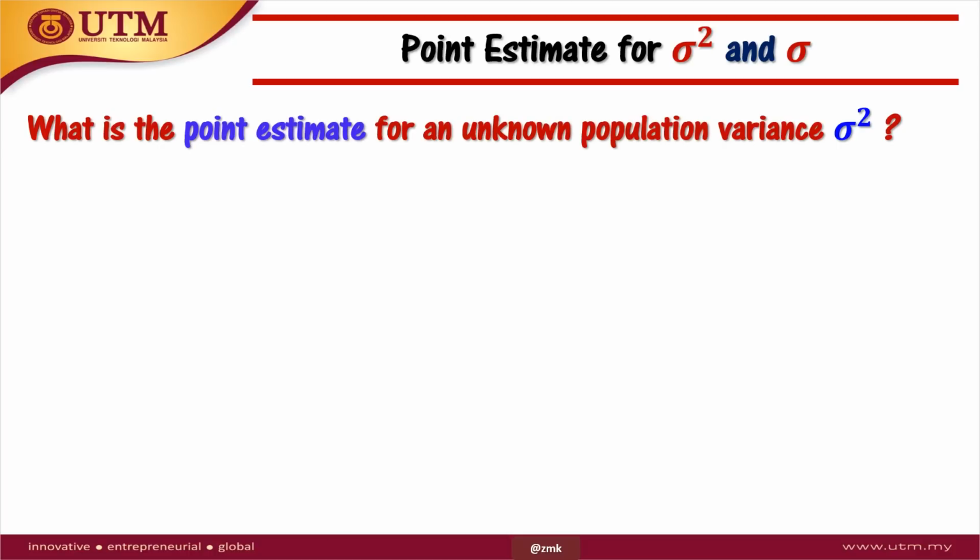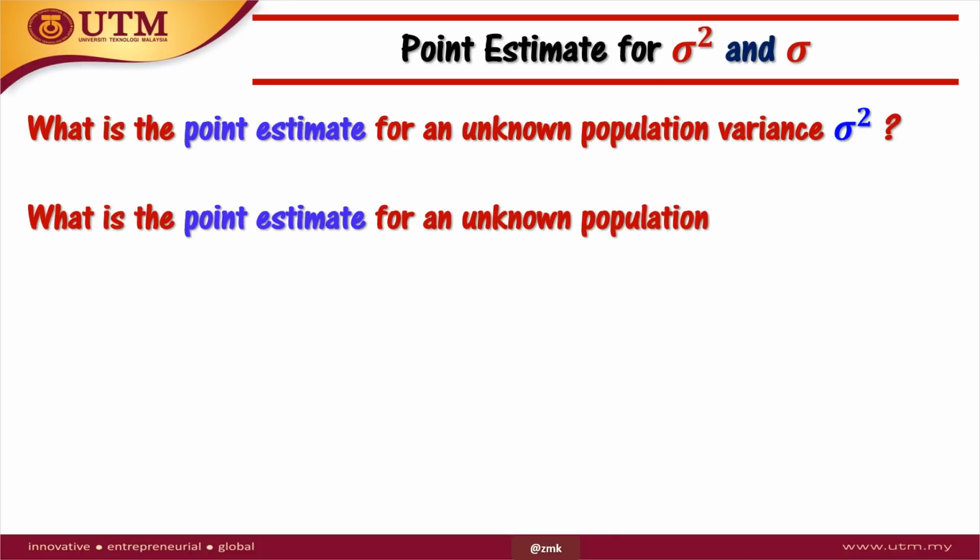What is the point estimate for an unknown population variance denoted by sigma squared? What is the point estimate for an unknown population standard deviation denoted by sigma? These are two questions that we want to address in this slide.